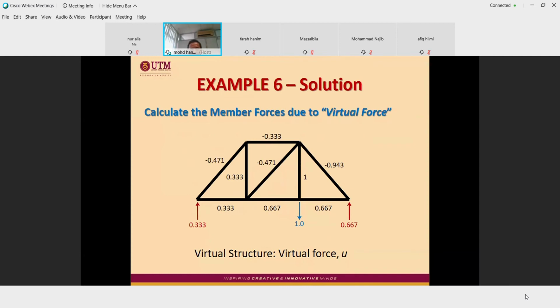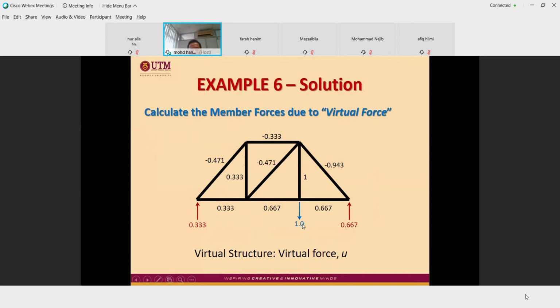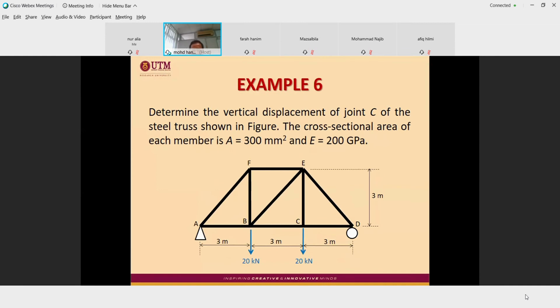Virtual force is 1 unit load at the point in question. The point here is C. So apply it at C, and remove all the other external loads.